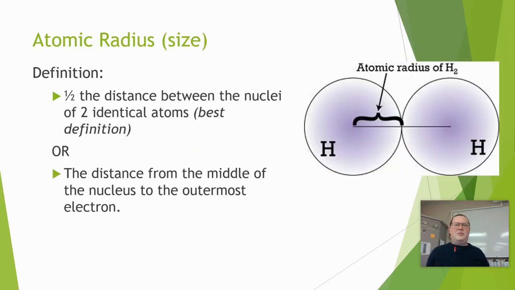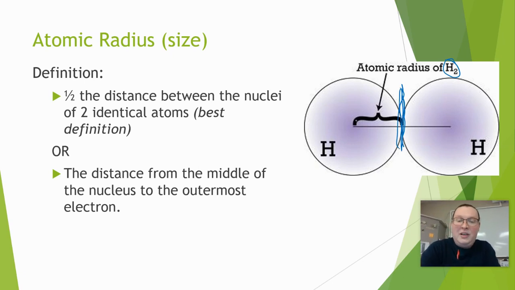All right, let's get down to the main focus. Let's talk about atomic size and the rest of these trends. So first, a definition. It's half the distance between the nuclei of 2 identical atoms. So if we had H2, 2 hydrogens bonded together, since they're identical atoms, somewhere in the middle is where one atom stops and the other atom begins.